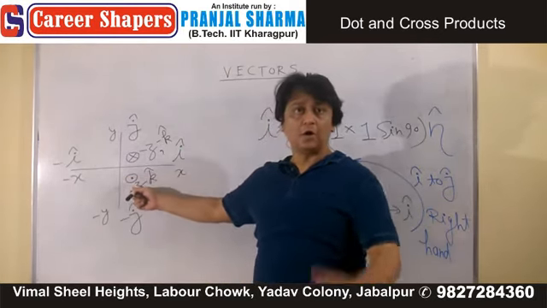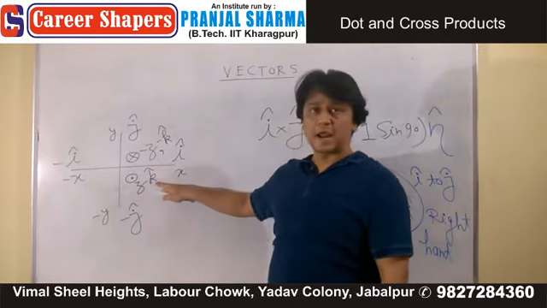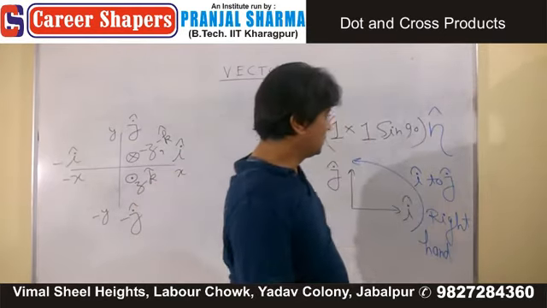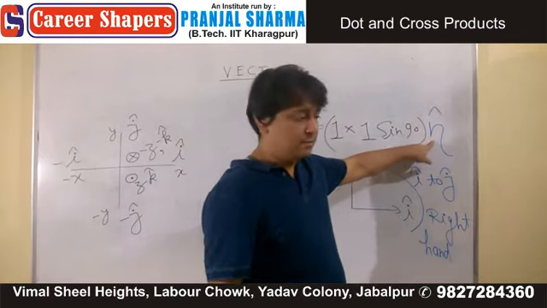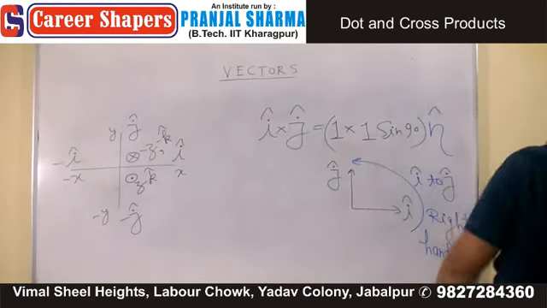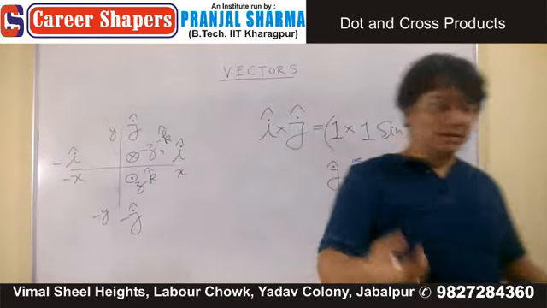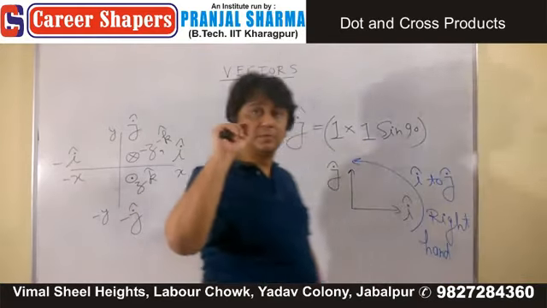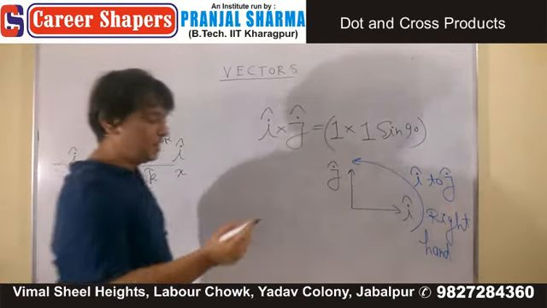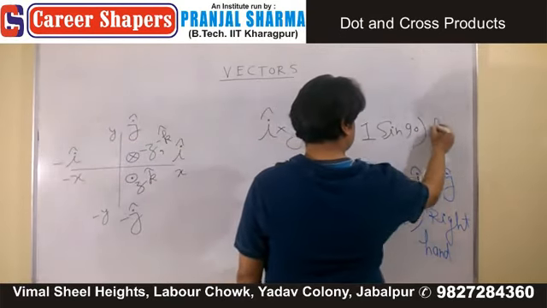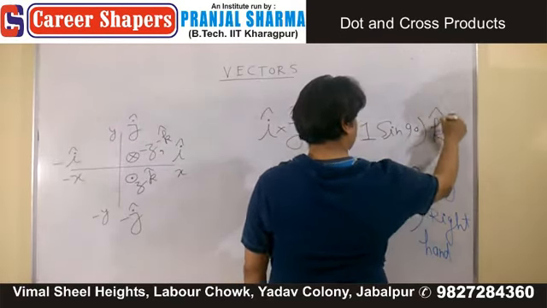Z or k cap. And therefore, this eta cap, just remove it. It means you need to put some unit vector. And that unit vector in this case is k cap.